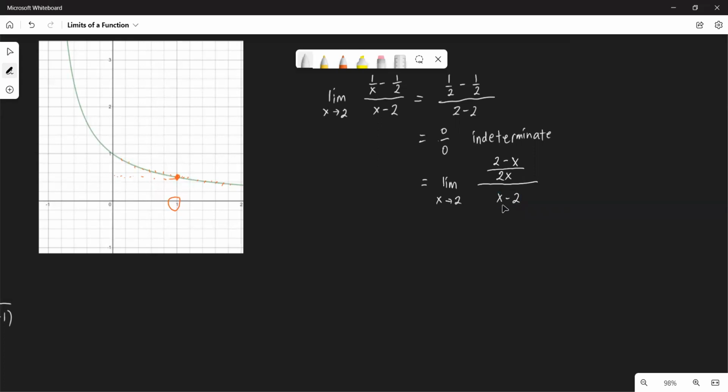So we can transform 2 minus x into x minus 2 by multiplying it by -1, right? So we're going to multiply the numerator by -1. So it would result to -2 plus x, or you can write it as x minus 2.